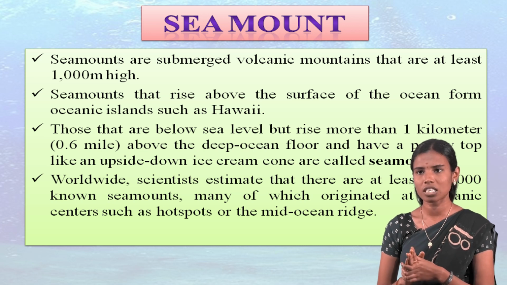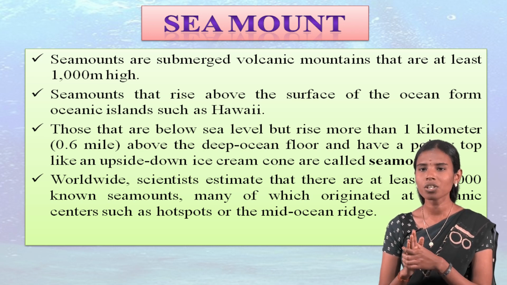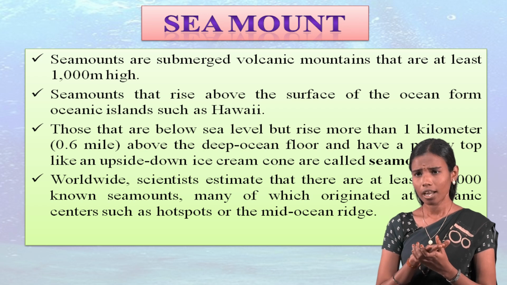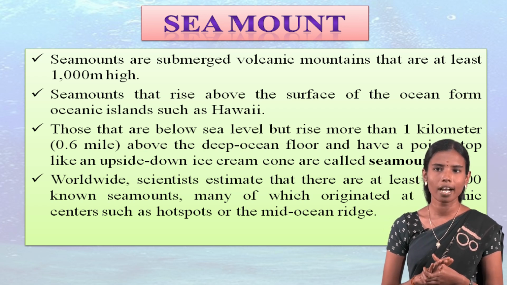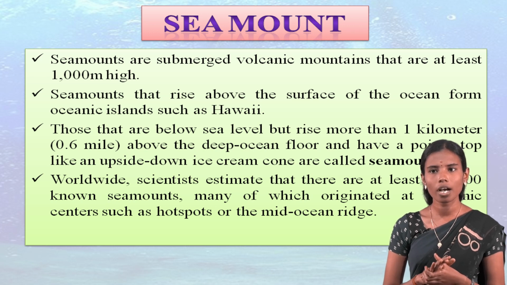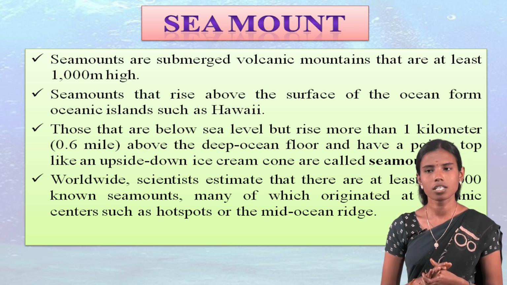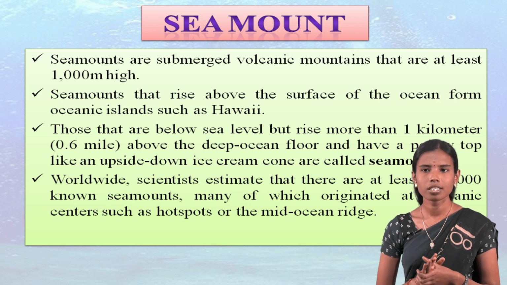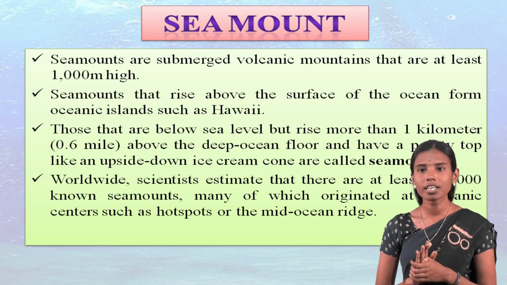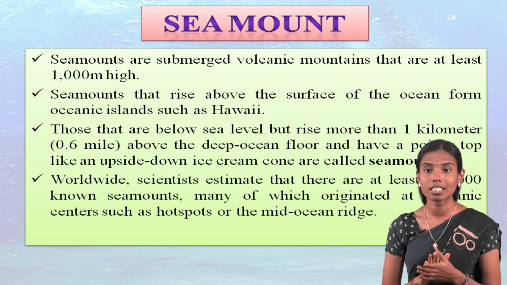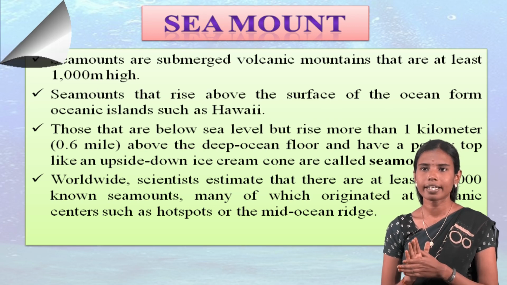Those that are below sea level but rise more than 1 kilometer above the deep ocean floor have a pointy top like an upside down ice cream cone and are called seamounts. Worldwide, scientists estimate that at least 125,000 known seamounts are present, many of which originated at volcanic centers such as hotspots or mid-oceanic ridges.